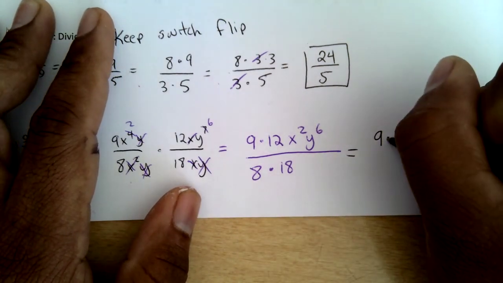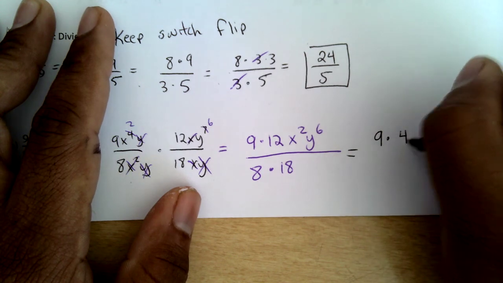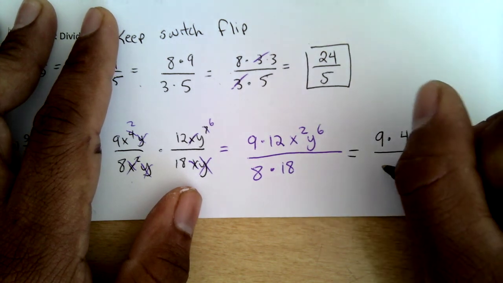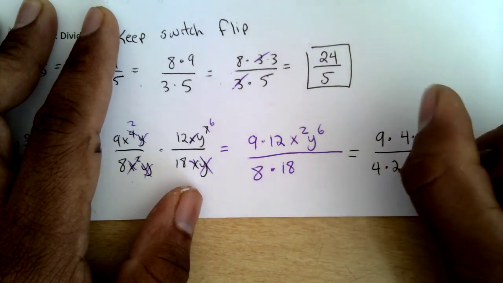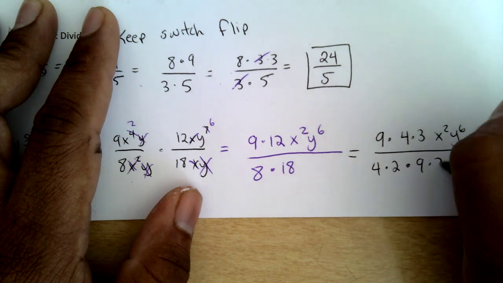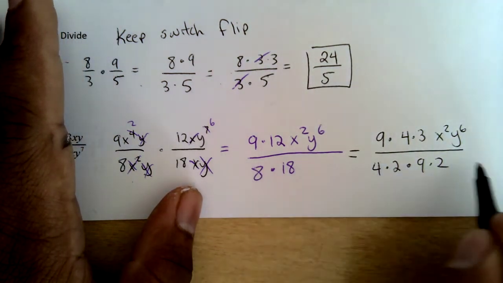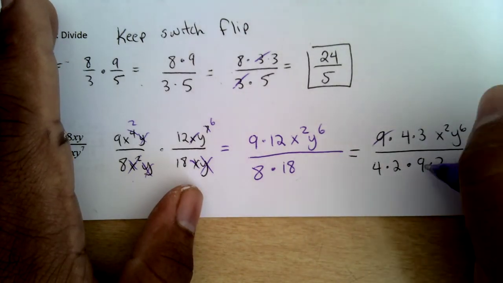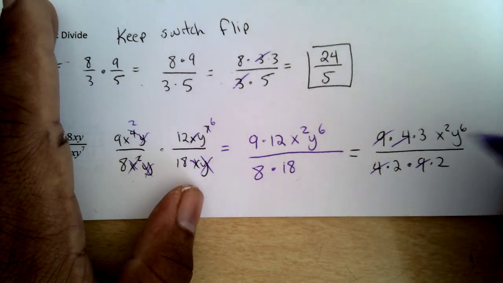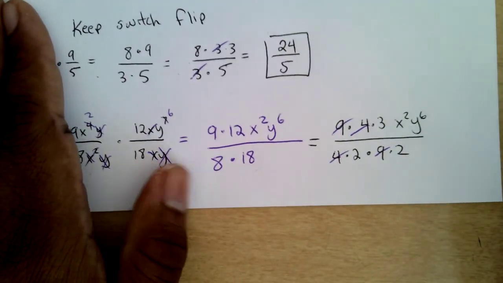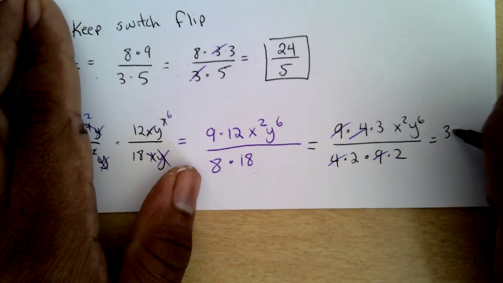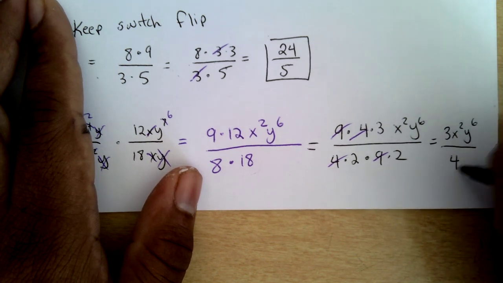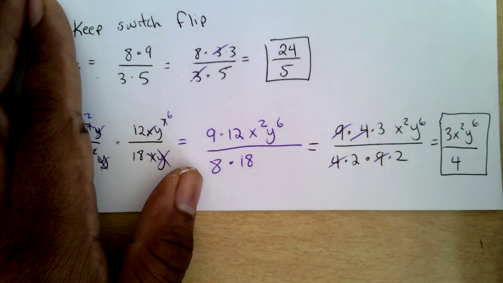If I turn my 12 into a 4 and 3, my 8 into a 4 and 2, and my 18 into a 9 and 2, this is exactly the same as this. I just changed it by factoring some numbers, so I knew that there would be common factors that could divide out. And we're left with just 3x squared. And ta-da, completely simplified.